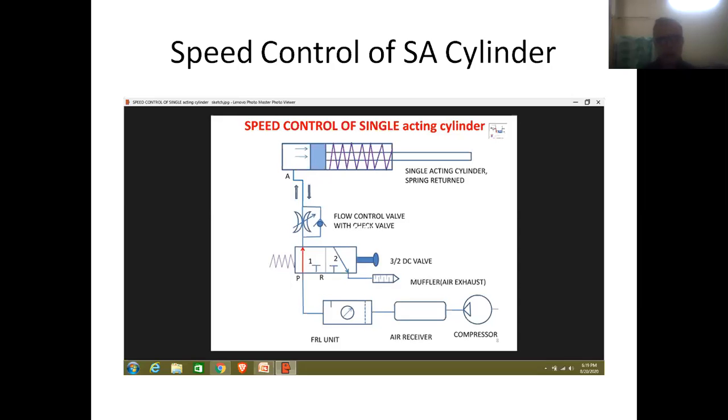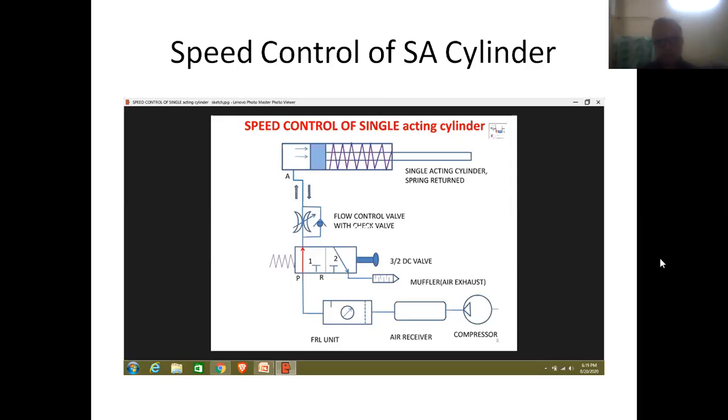Secondly, this flow regulator is divided into two components, consisting of a throttle valve placed in the left-hand side portion, and a check valve placed in the right-hand side portion.